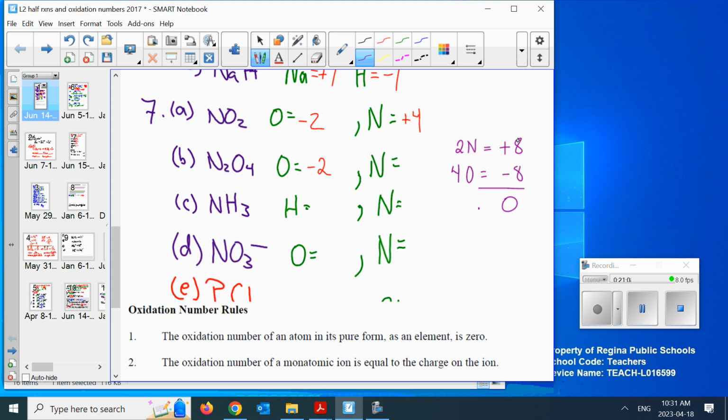If 2 N's are positive 8, 1 N is positive 4 again.